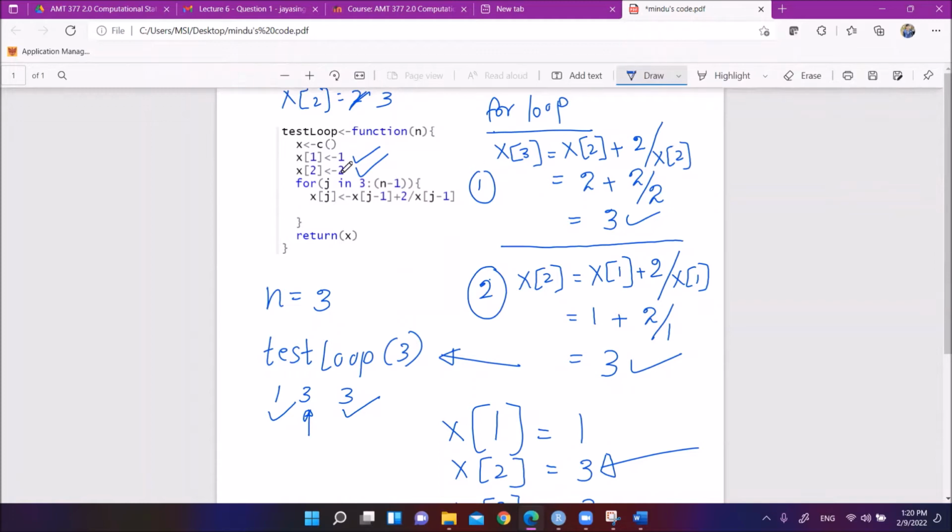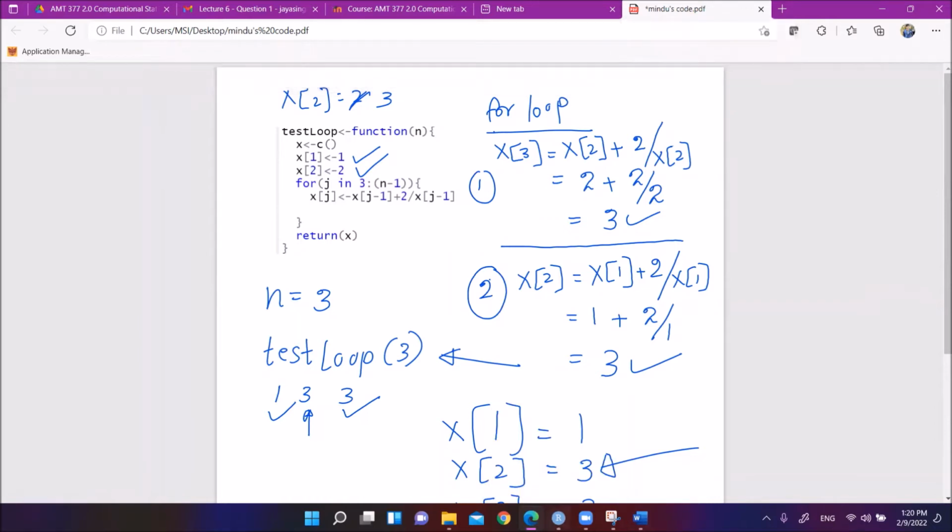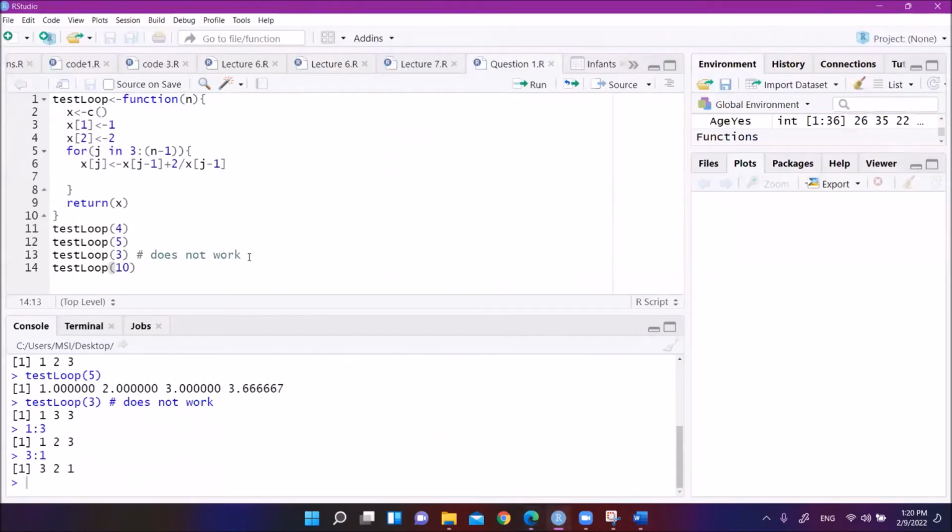So always when you write a code, test for several cases, just like Mindu did, so that she could identify, okay, this was not working. If you found out this was not working, the next step is just write things up manually and see what's going on, what has happened, to get an output like this. And then you can change your code accordingly.